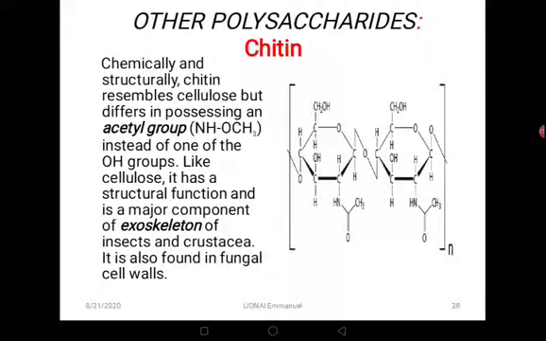It is also found in fungal cell walls. So chitin is a very popular polysaccharide, especially as it forms the exocuticle of the arthropods, and it is also a very important structural component of fungal cell walls. It is quite similar to cellulose, but the difference is that it has the acetyl group instead of the OH groups, as you can see from the structure there.